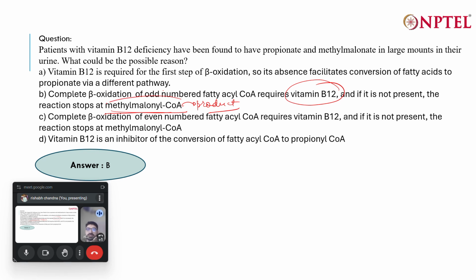So that leads to accumulation of methylmalonyl coenzyme A, and due to this accumulation, high amounts of propionate and methylmalonate are present in the urine of vitamin B12 deficiency patients. Okay, so any doubts in this question?